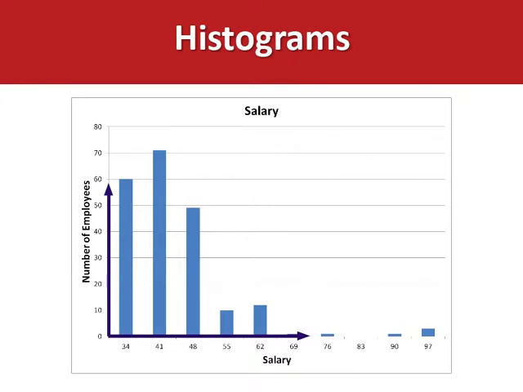And on the vertical axis in a histogram, you have some measure of frequency, either the number of employees or the percentage of employees. And each of the bars then corresponds to the number of employees or the percentage of employees that fall within that salary category or that salary bin.